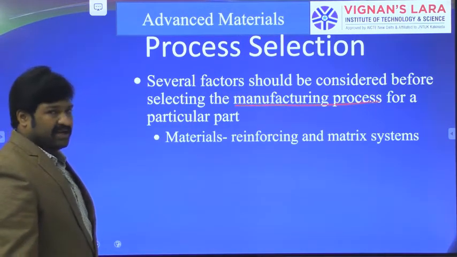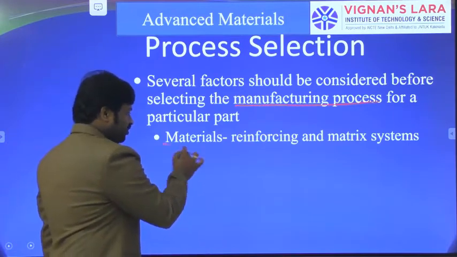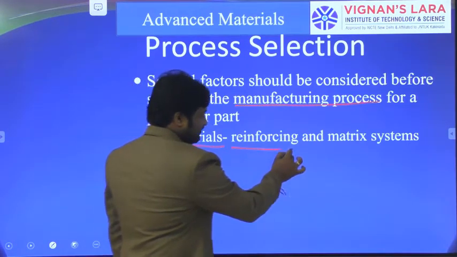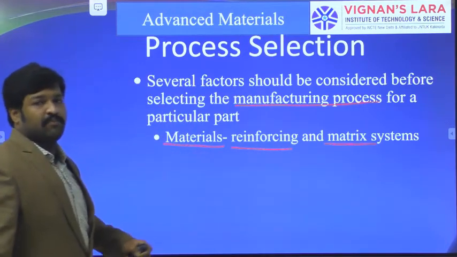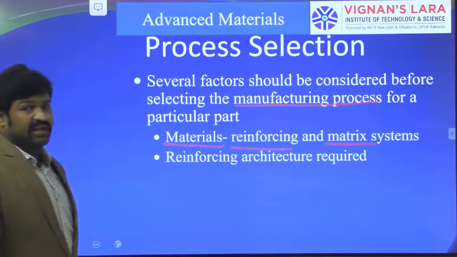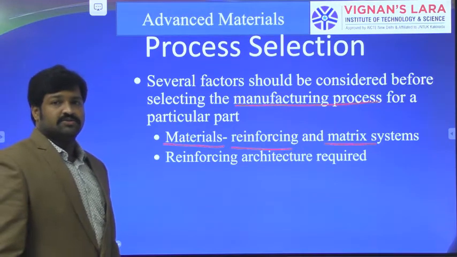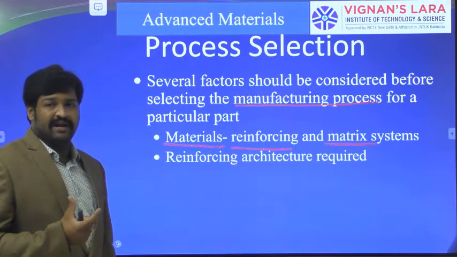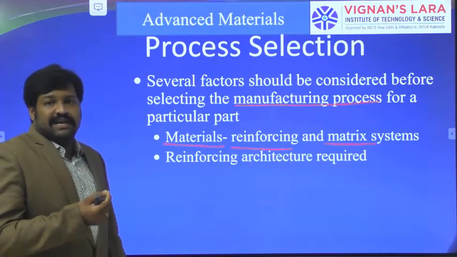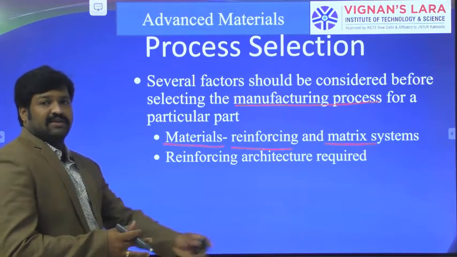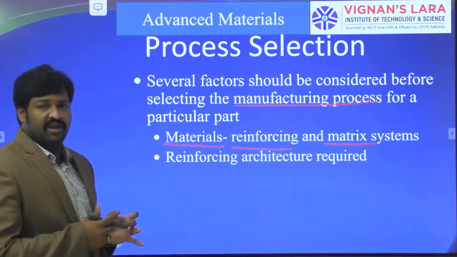That is the materials. What are the materials we are going to use? What are the types of reinforcements? What is the matrix material we are using to produce that component? Next, reinforcement architecture required. Whether we are going to use braided fabrics, direct straight fibers from the creel, or fabrics, whether it is woven or braided.